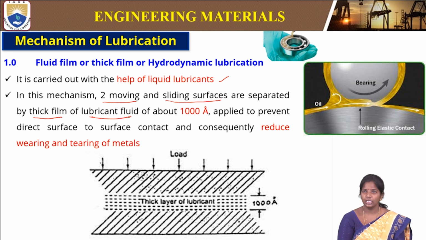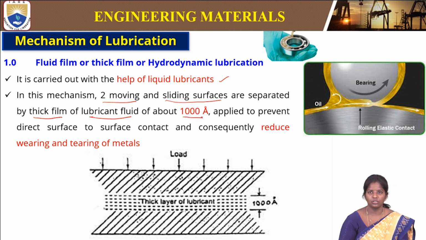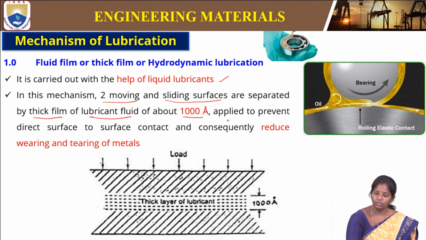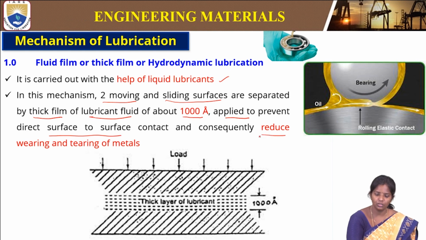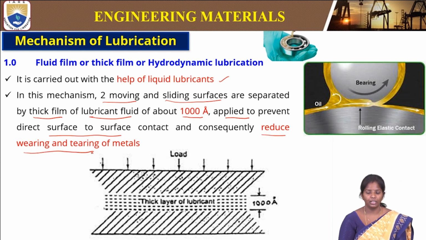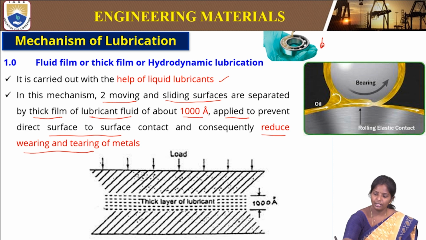So what is the thickness? 1000 angstroms. This is the thickness of the film of the lubricant oil or the grease that is applied between two surfaces. So it prevents direct surface to surface contact and consequently reduces wearing and tearing of metals. So for example, bearings.